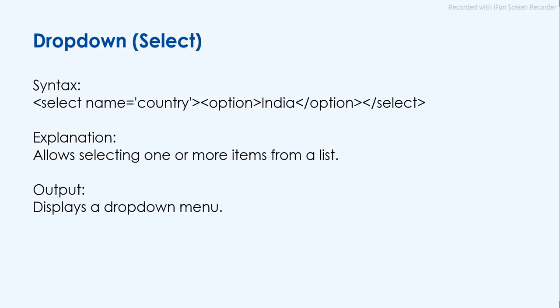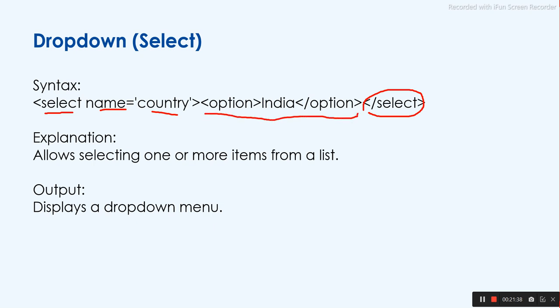The next control is the drop down box, or you can call it a select box. Here also the syntax differs. You don't have anything like input type equal to. I have directly select name equal to country, and then I have to close this select control, and within this I can have any number of items that are going to be displayed on the list box.